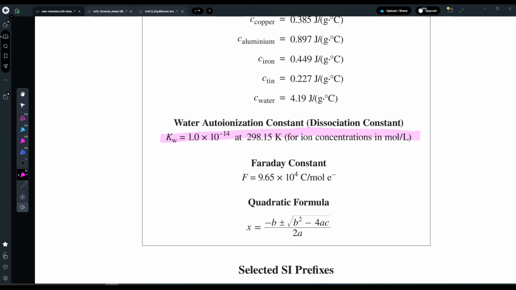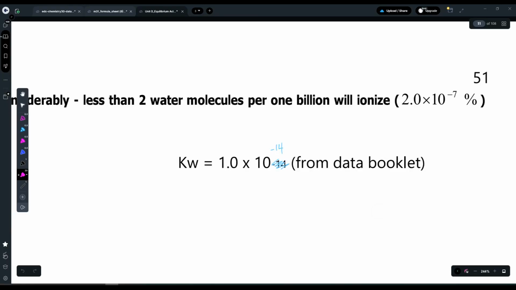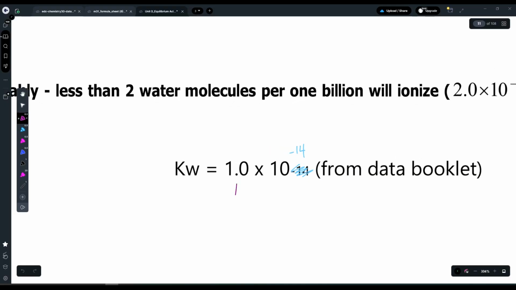So you do not have to remember the equilibrium constant for the autoionization of water. It's 1 times 10 to the power of negative 14. Remember that equilibrium constants do not have units.